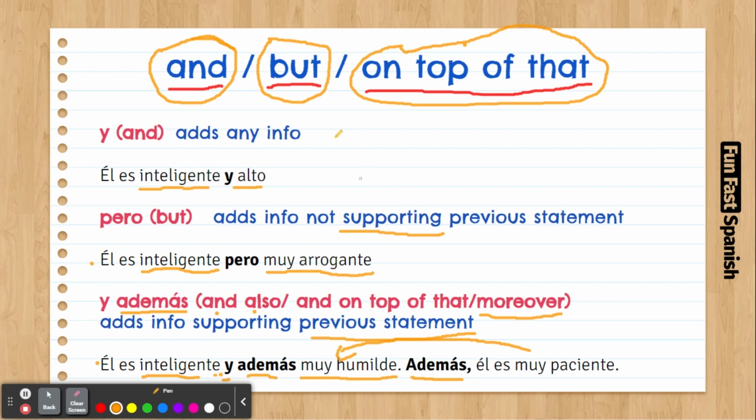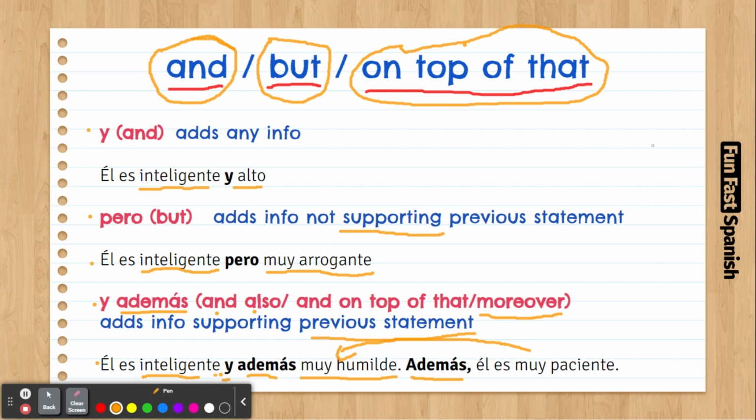So these three expressions here, y, pero, y además, or además alone if it goes at the beginning, are expressions you use to talk about things and give contrast in your statements.